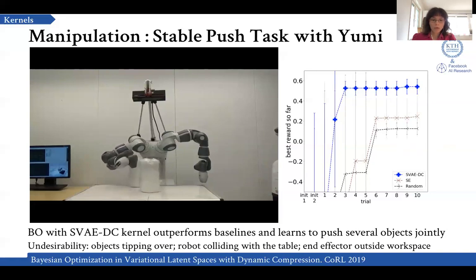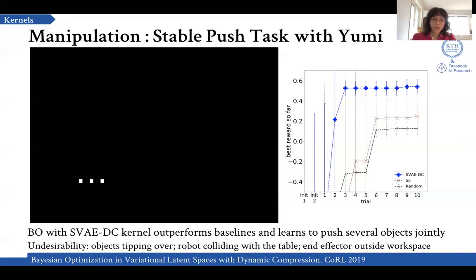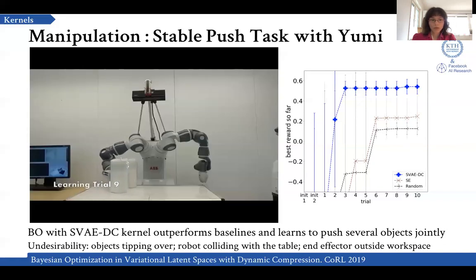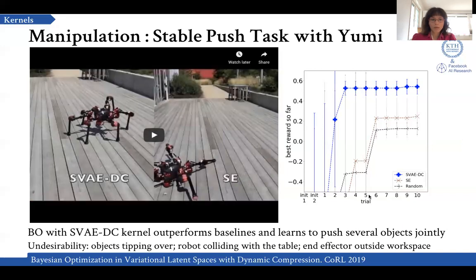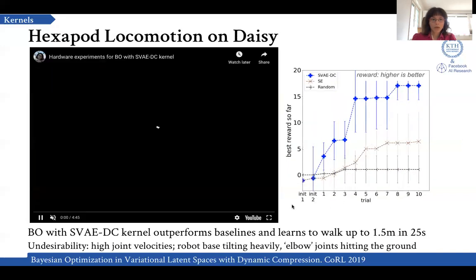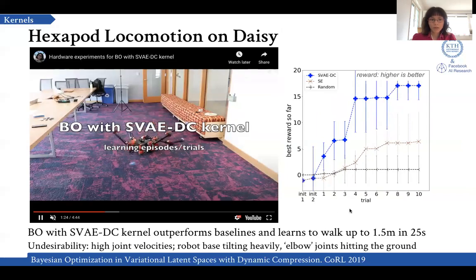And then with only a few more trials, so here overall we would run 10 trials, we would be able to push these 2 paper towels jointly to the middle fairly well without tipping them over. And we show that we improve over the baseline BO with squared exponential kernel, and of course also over random search.